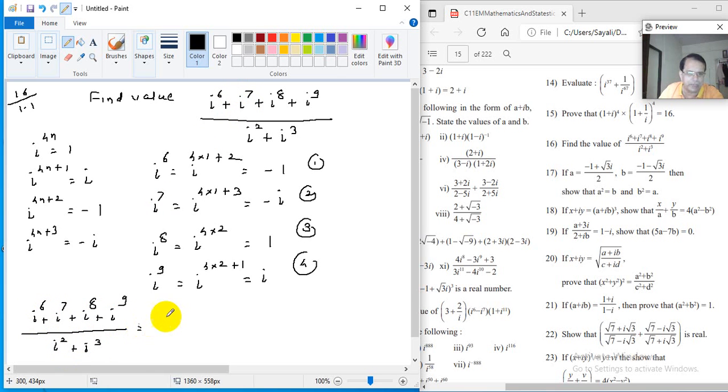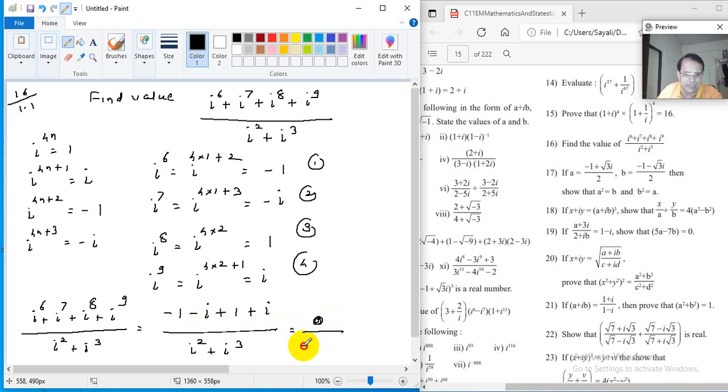Now this comes out to be i raised to 6 is minus 1, as you know, so here it is minus 1. i raised to 7 is minus i, so minus 1 minus i, then plus 1 and plus i. Okay, and upon i squared plus i cube. But we can see here that minus 1 plus 1 becomes 0, minus i plus i becomes 0, so numerator is 0. So 0 upon whatever you write, 0 upon it is i squared.